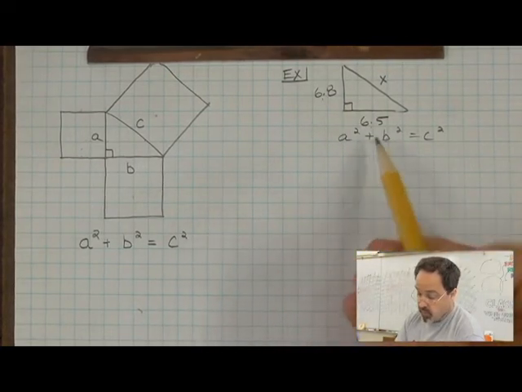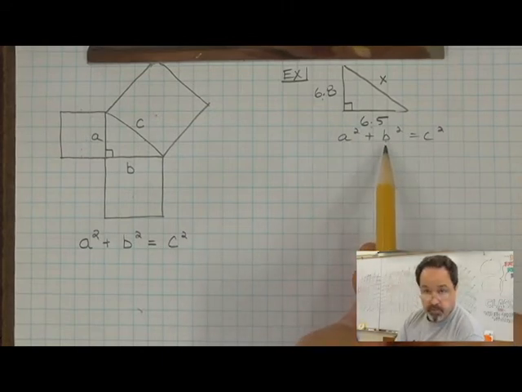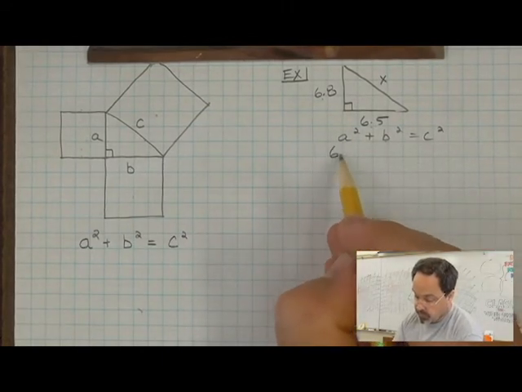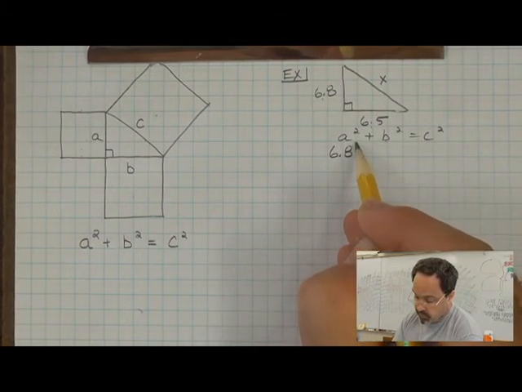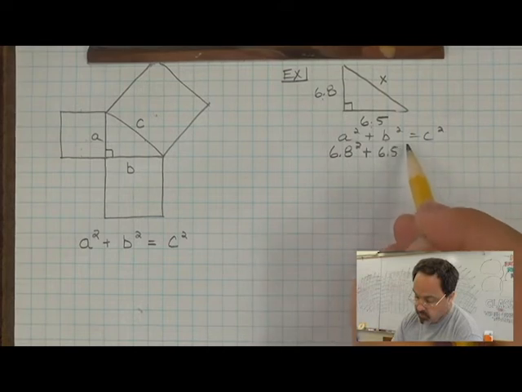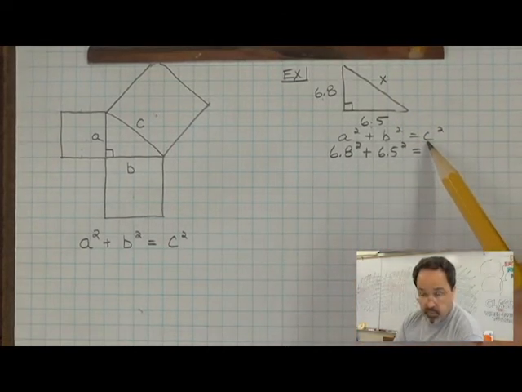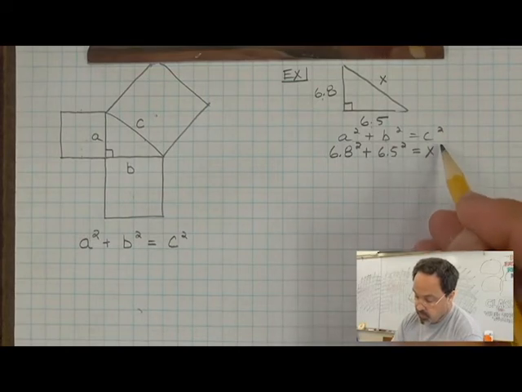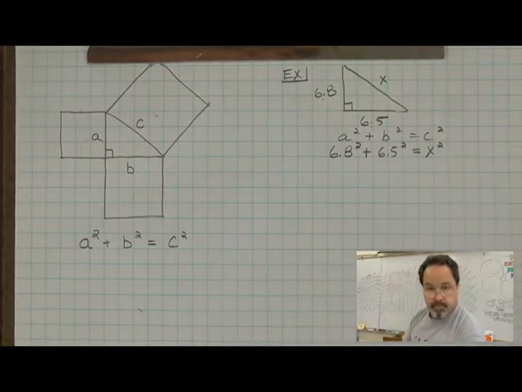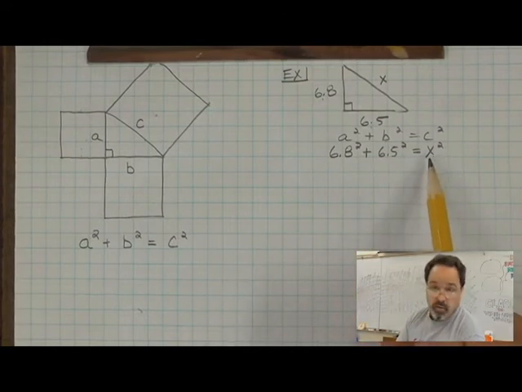It doesn't matter which I substitute in for A and which for B. I'm going to choose to substitute 6.8 in for the leg A and 6.5 in for the leg B. And C is the hypotenuse. In this problem, it was labeled X. Now I have an equation, the Pythagorean theorem, with one unknown. I can use algebra to solve it.